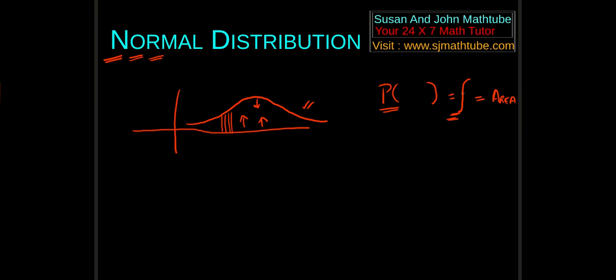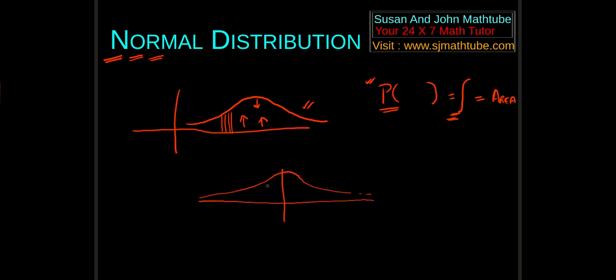So in your statistical tables, you will see a lot of numbers given under the table standard normal distribution. Now look at this. The standard normal distribution is a normal distribution which is symmetric about the y-axis.